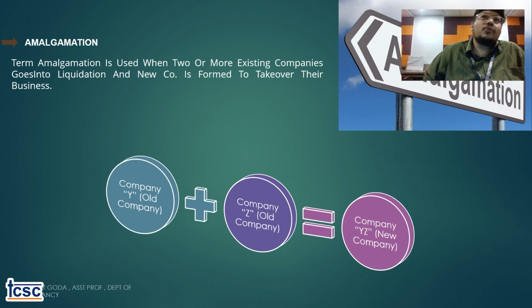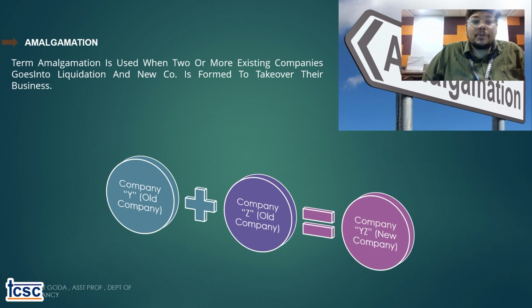And this all together will lead to reduction in competition which they were facing prior to amalgamation. So amalgamation is nothing but wherein two or more existing companies go into liquidation. That means they close down their business and a new company is formed to take over their business.